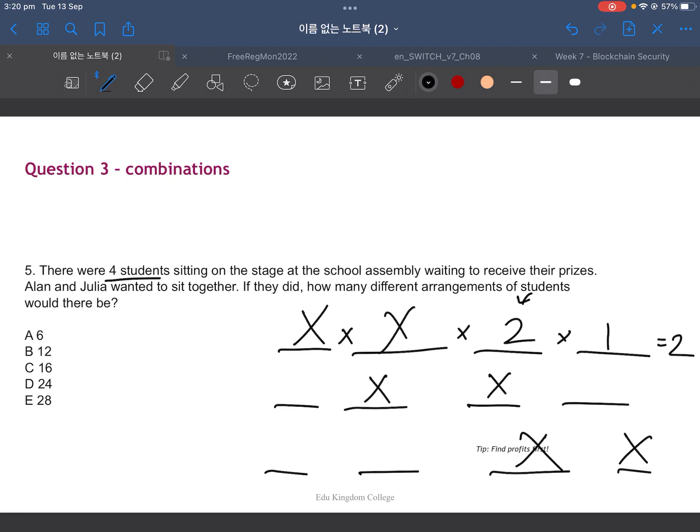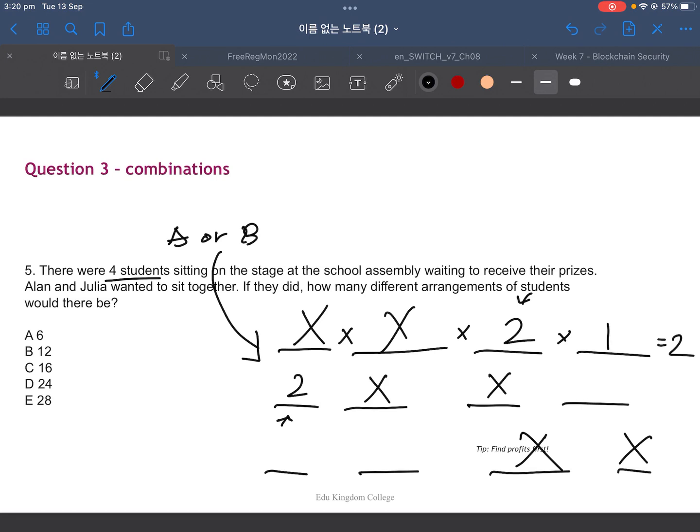The first seat, let's just say 2 people can be seated here. And I don't mean that 2 people can sit on one chair at a time. I mean that in this seat, it can either be, let's say, student A or B. That's what I mean by 2 over here, okay? It can be A or B. It doesn't really matter. I'm just looking at the total outcomes there are.